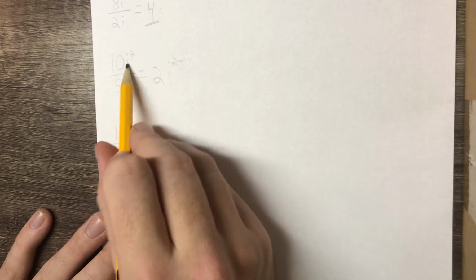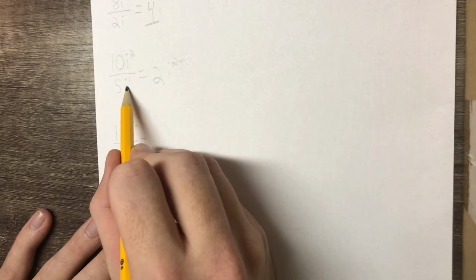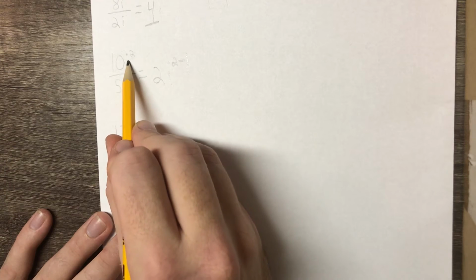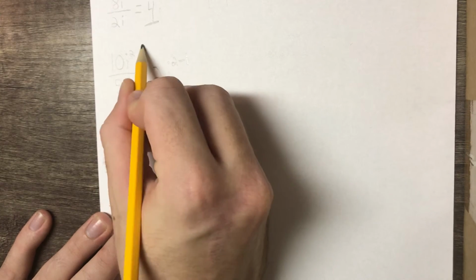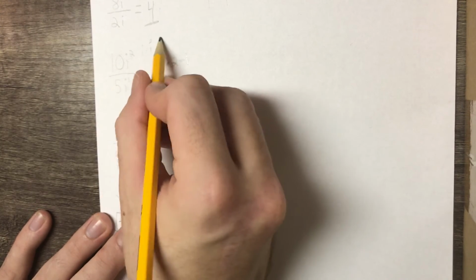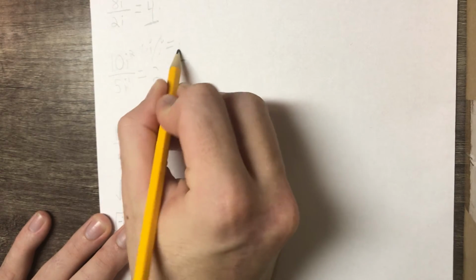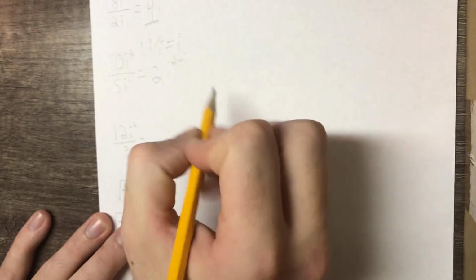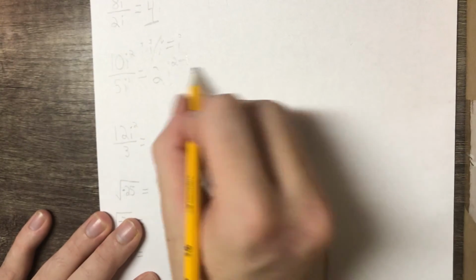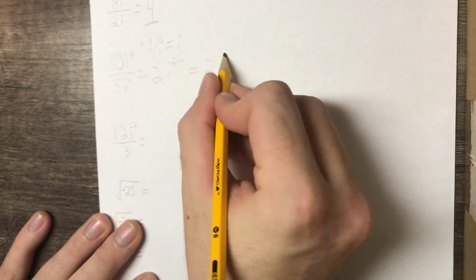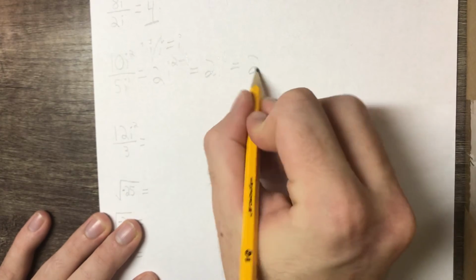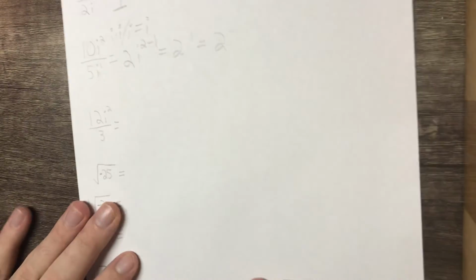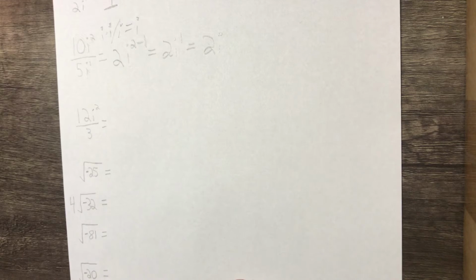You're taking 1 i out of i squared, and remember, i squared is i times i. So you're dividing 1 i out of there, and you have 1 i left. So this is going to equal 2i to the 1, which simply equals the imaginary number 2i. Okay, I hope that's clear.